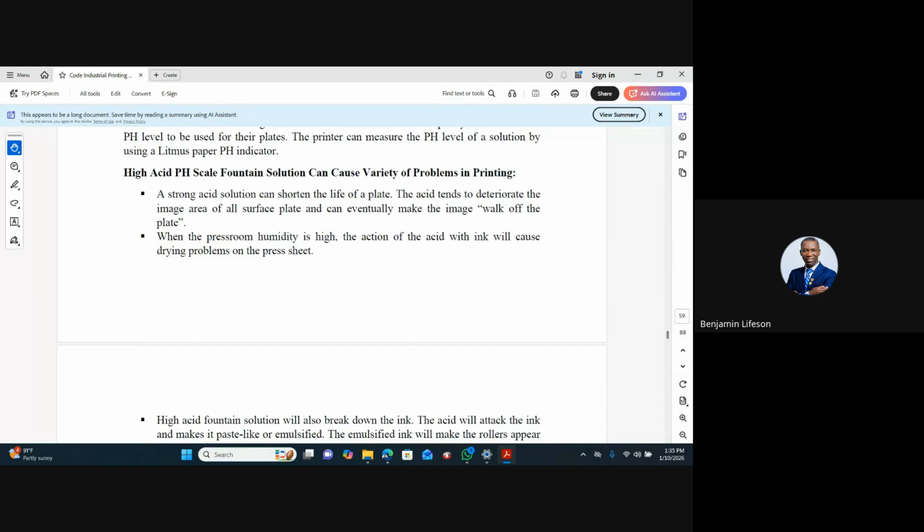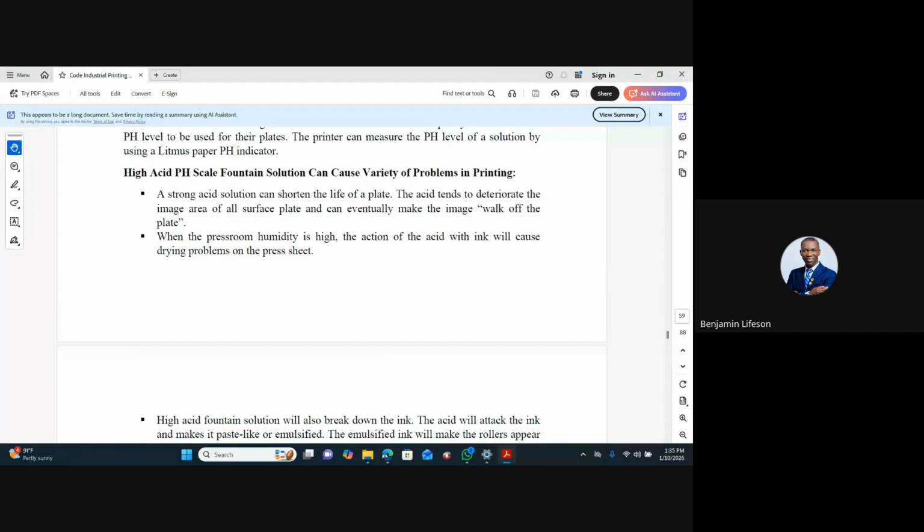Maybe someone wants to print again, especially those who print textbooks. Maybe every semester they want to print a book, 500 per semester. The following semester, you don't need to develop a new plate again.